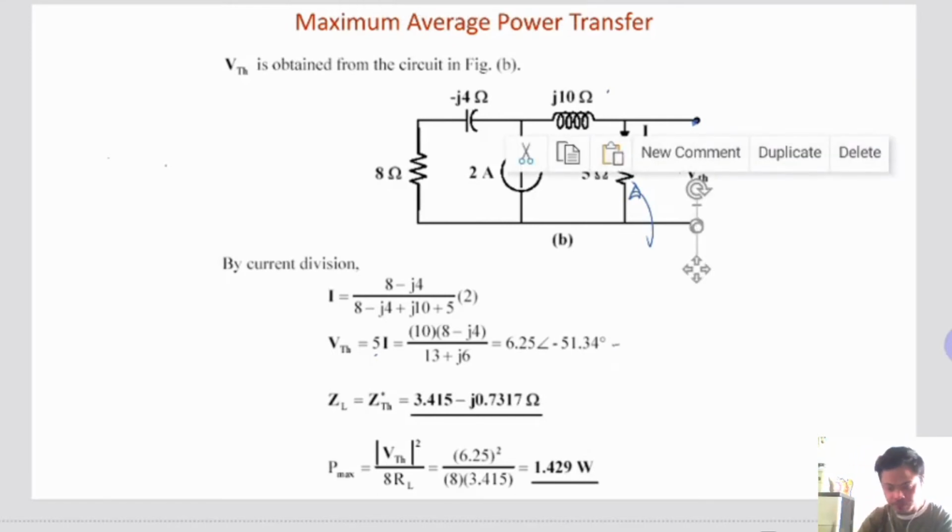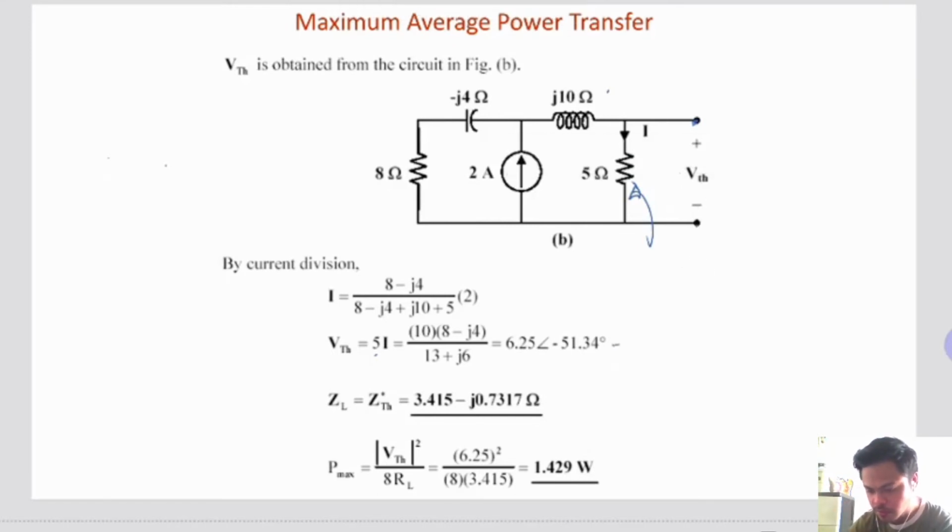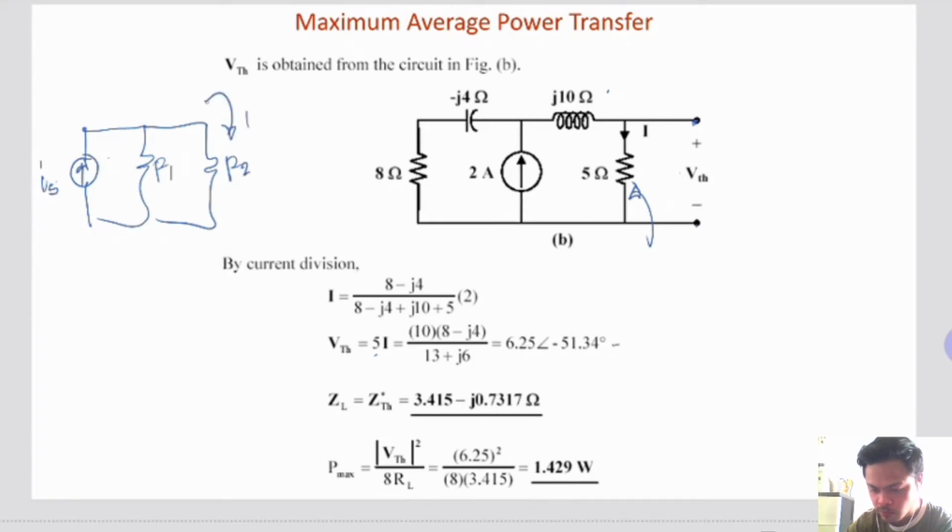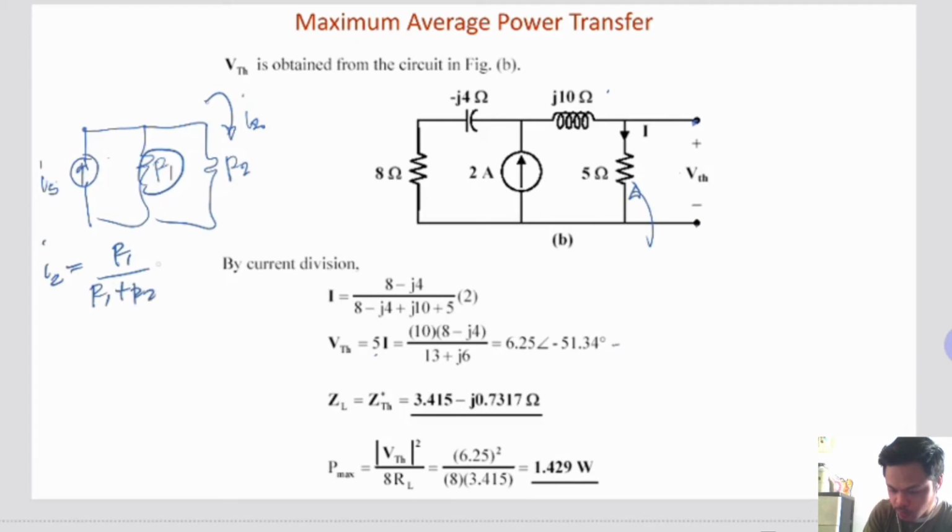The concept of current division is: if we have a current source in parallel with the elements R1 and R2, to find I2, we take R1 as our numerator. So to compute I2, we take R1 all over R1 plus R2 multiplied by the current source.